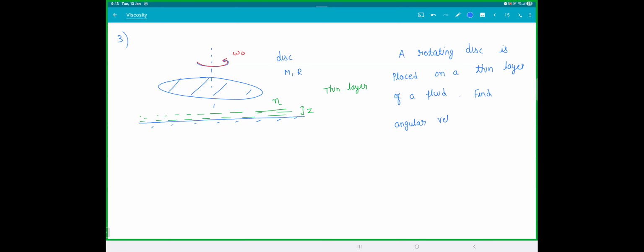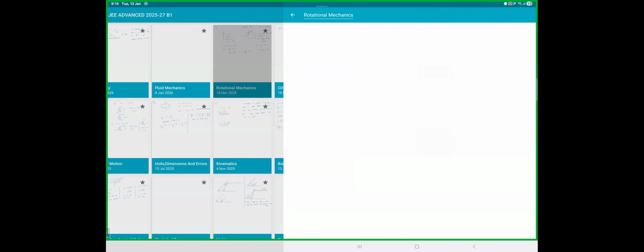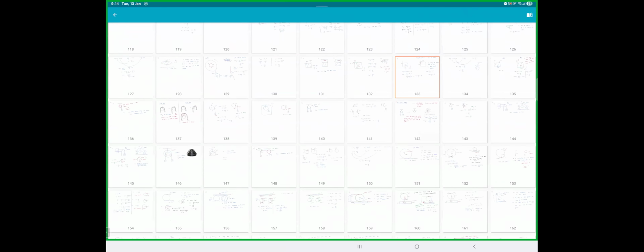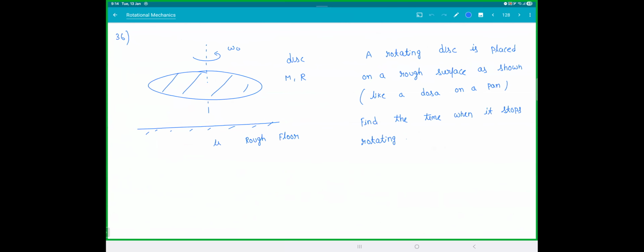Initial angular velocity is omega naught. And you have seen this question like this before. Remember anyone where you've seen this? Yaad hai question? A rotating disk is placed on a rough surface, like a dosa on a pan.